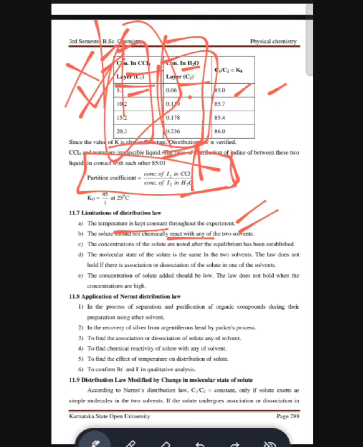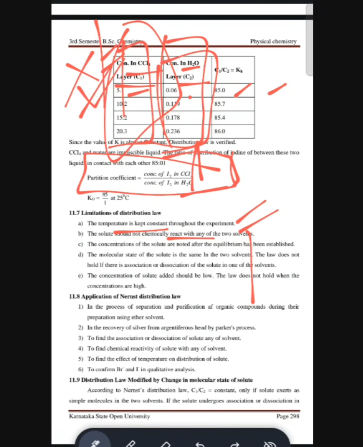It should not chemically react with them. It should distribute between these two. The concentrations of the solute are noted after equilibrium has been established. The molecular state of the solute is also the same in the two solvents.